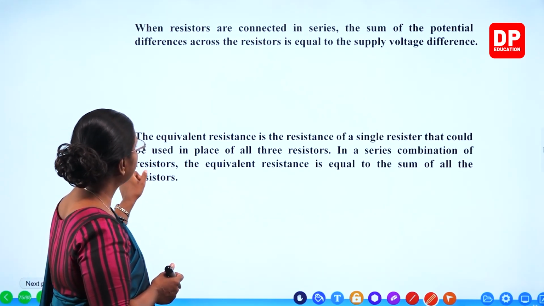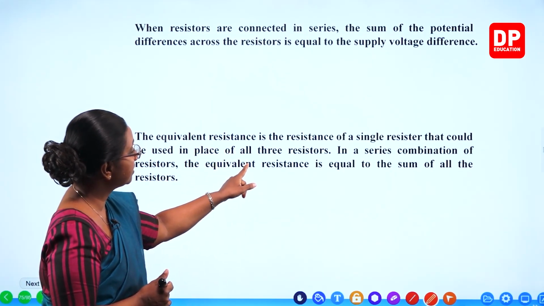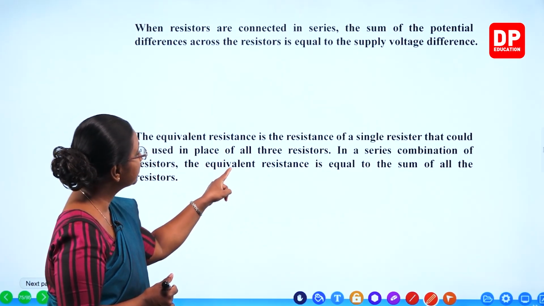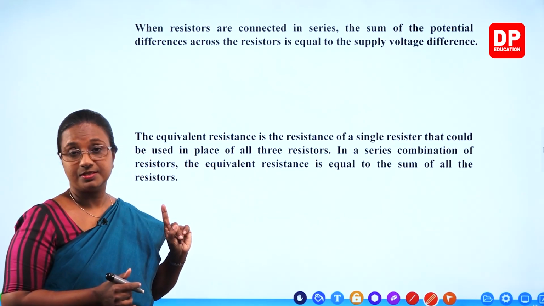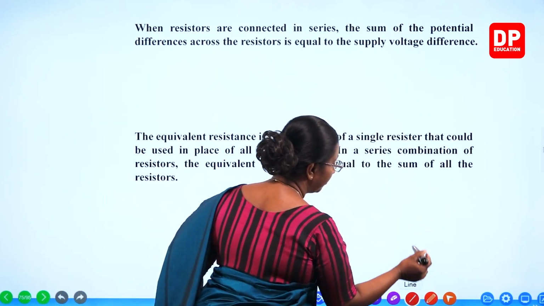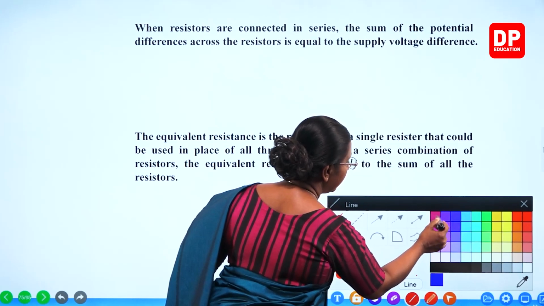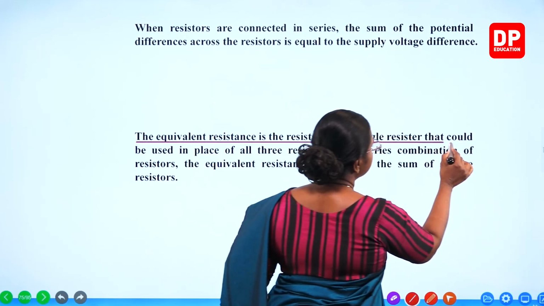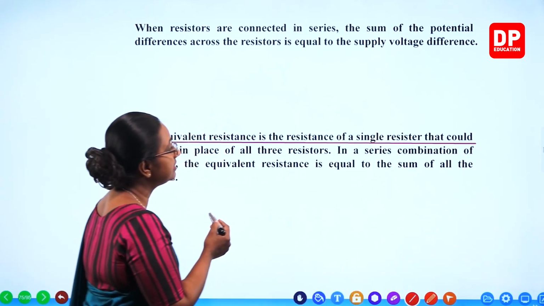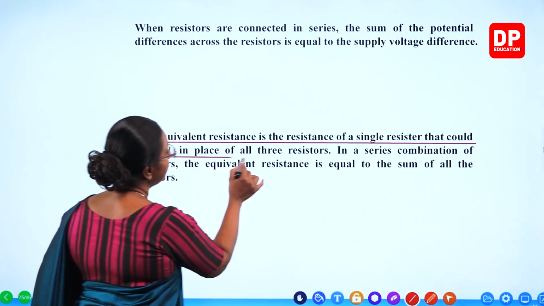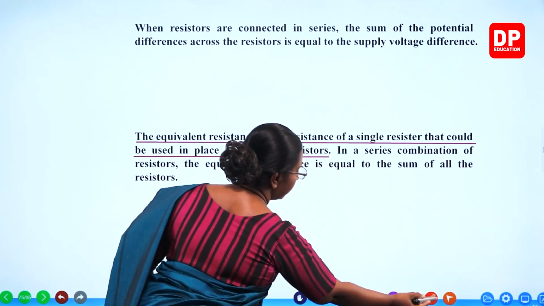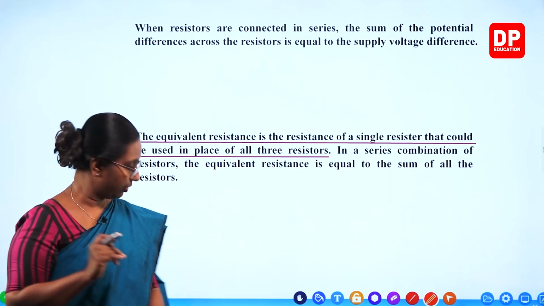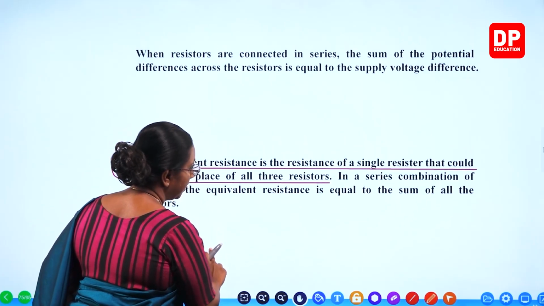So the equivalent resistance is the resistance of a single resistor that could be used in place of all three resistors. This is something you all have to remember, students. Very important. Now we will see.